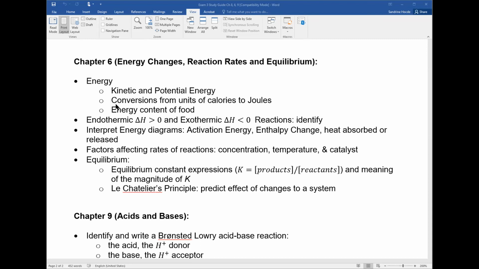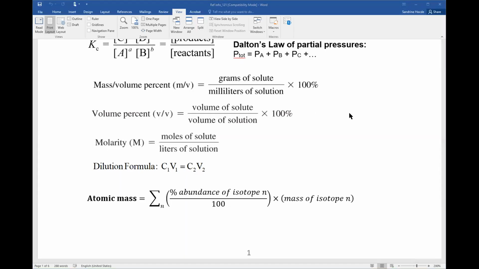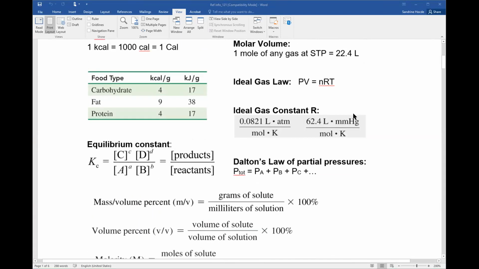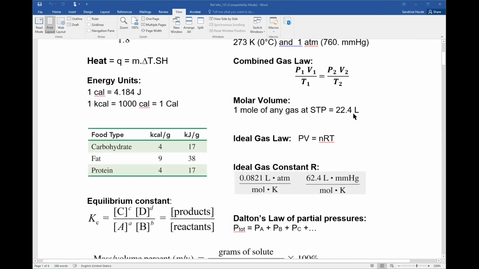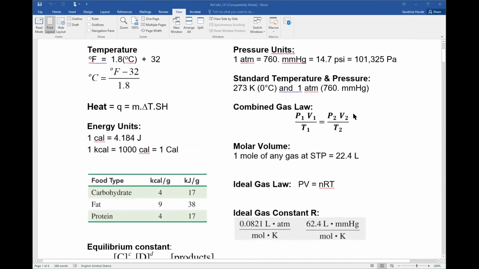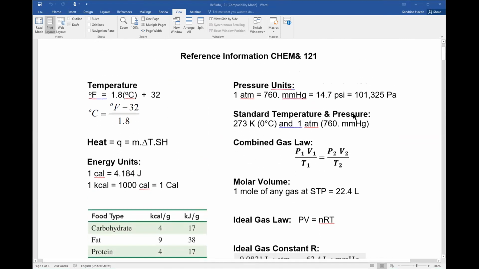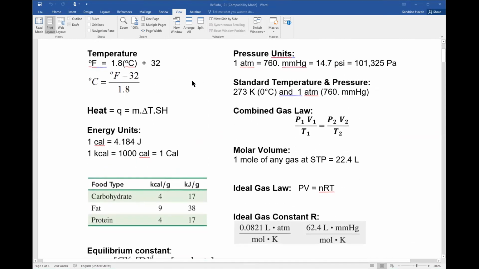So remember how there are different kinds of units of energy. So let's look at the reference packet for that. So page 1 of the reference packet, the top left corner is for chapter 6 stuff, right? So in the reference packet, you have the temperature equations.